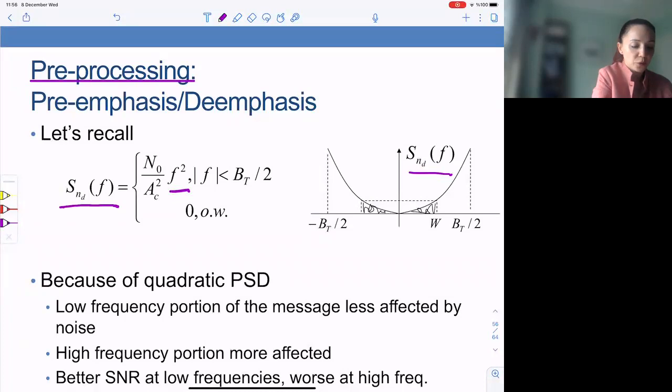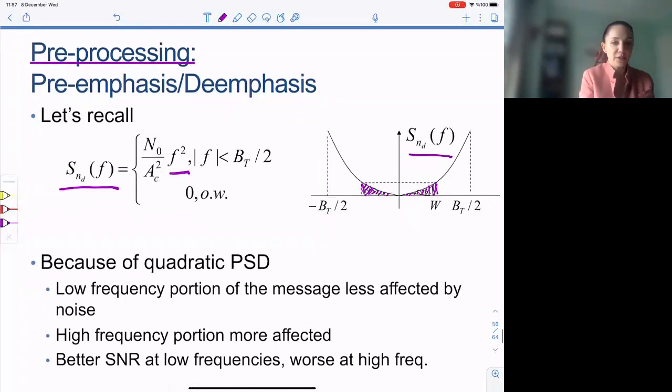So if you look at the noise within the message bandwidth, and that's what we're interested in at the end of the demodulation, because we have a low pass filter, we would be integrating this quadratic, which is not ideal because we have no noise at the lower frequencies and too much noise at the higher frequencies. And this would cause a performance degradation.